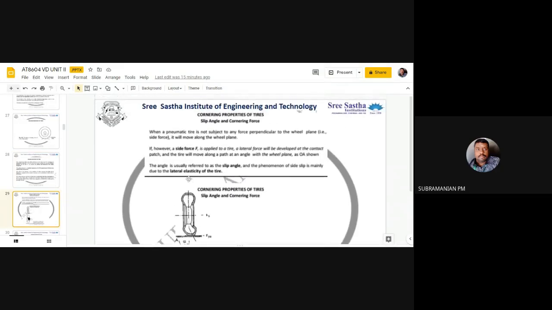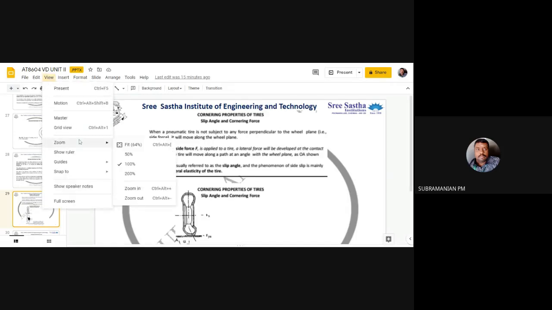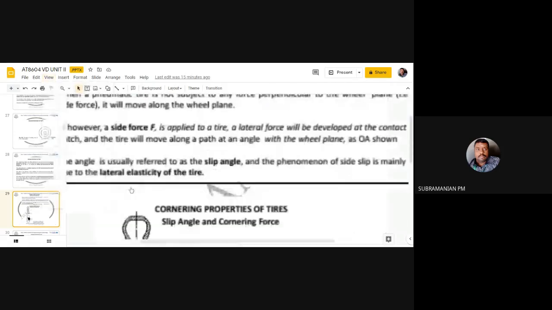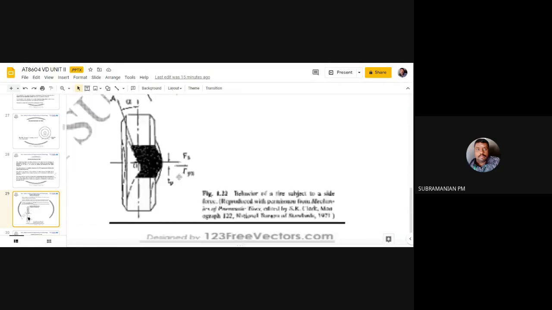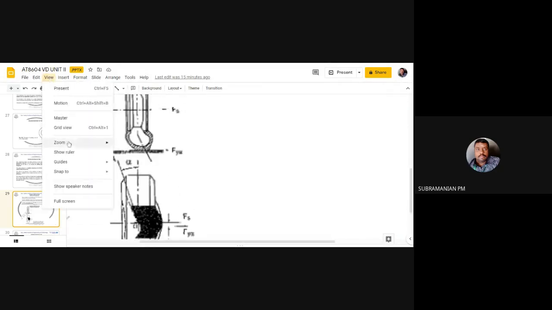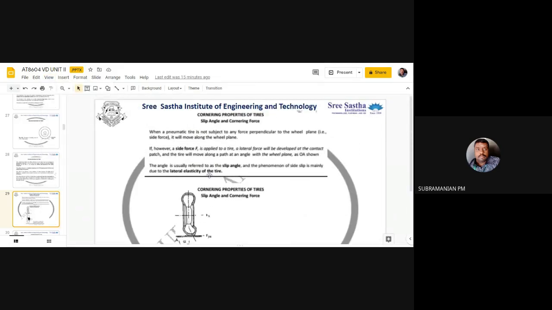Next, we are going to discuss the cornering property of the tire. Whenever I use the word tire, I can use the word pneumatic tire because the tire is filled with air.